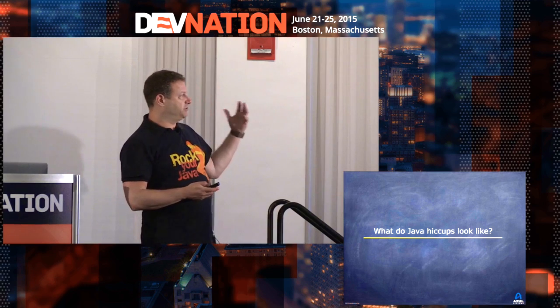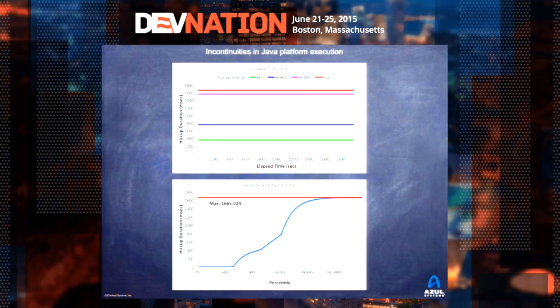Let me give you a visual that's plotted for hiccups. This is a plot of discontinuities in execution of a JVM when it's actually running a Java workload. On the top, you have, over time, when you have hiccups, when there was a stall in the application for some reason or another. At the bottom, you have a depiction of that as a percentile level. So for any percentile, you ask, okay, the 99th percentile, how bad is it?